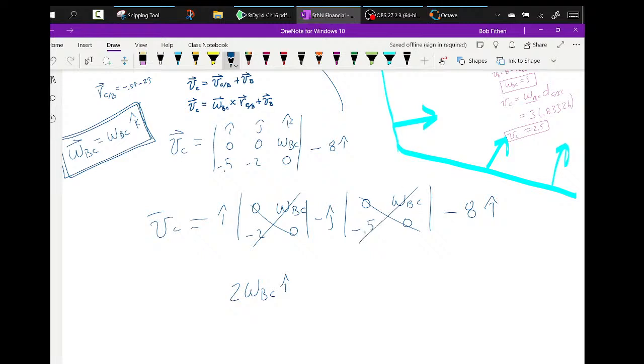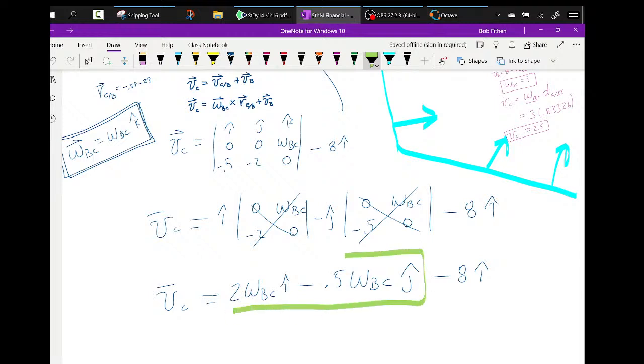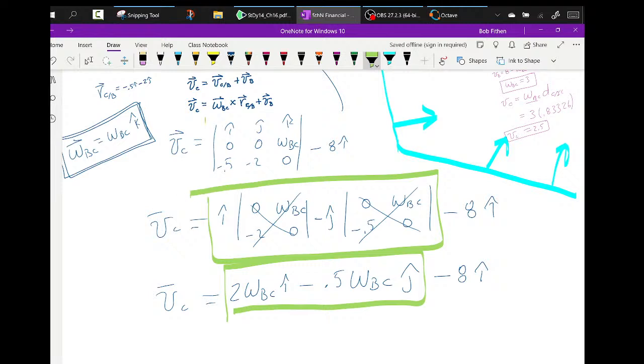Minus a minus a minus becomes minus 0.5 omega BC J minus 8i equals to velocity of C. Now I'm going to stop. I'm going to focus on this, which came from this, which came from this, which came from this. I'm going to ask myself, does this look reasonable?